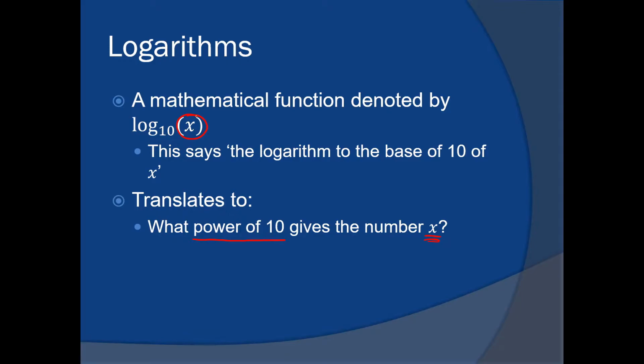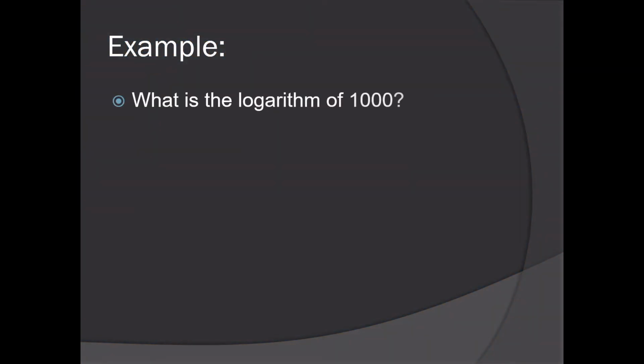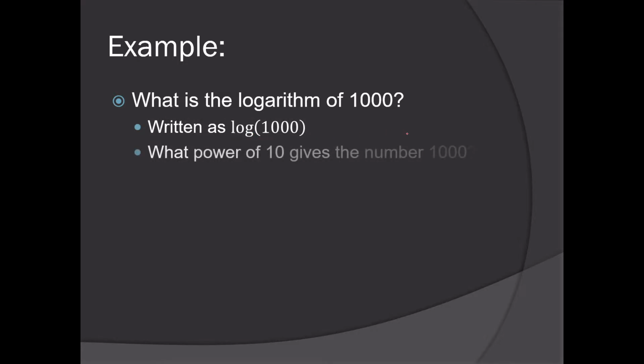Okay. So here are a few examples to quickly go over this. For example, what is the logarithm of 1000? We write this as log 1000. I'm omitting the base 10 because we're going to assume it's base 10 unless otherwise stated. And basically what this means is what power of 10 gives me the number 1000.